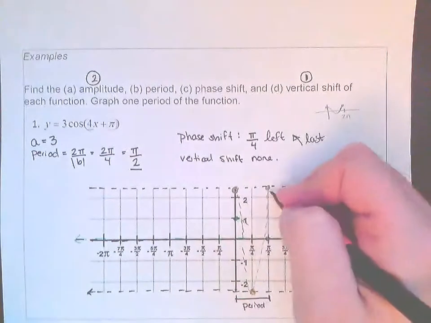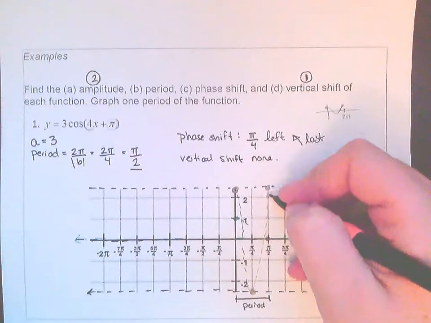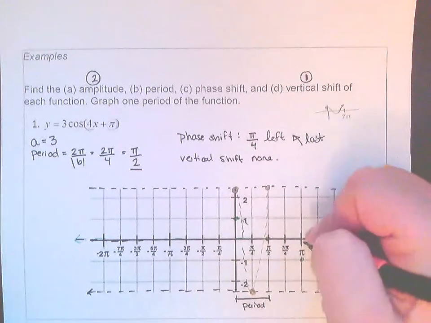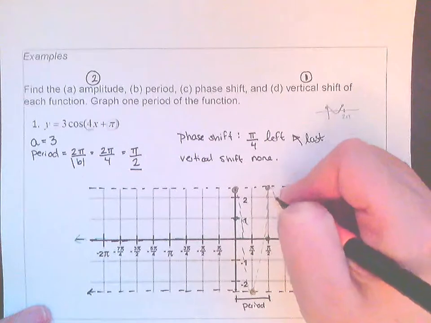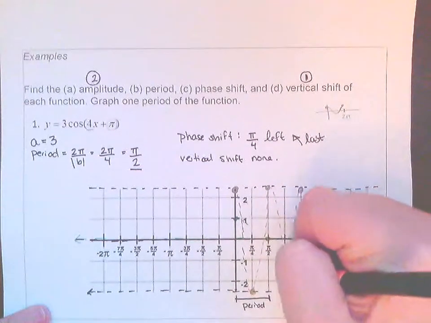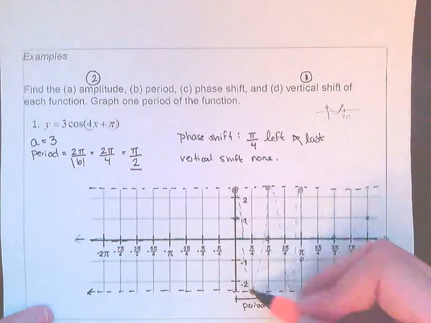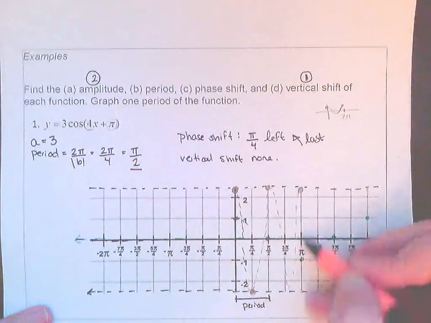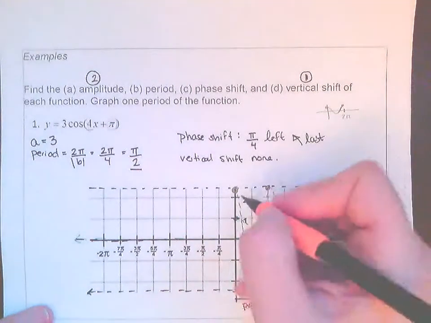And then if you wanted to repeat that, you could, so every pi over 2 it's going to go. It's a really ugly graph right now, I know, but you can see what it's doing, and that is going to be your cosine function all the way through.